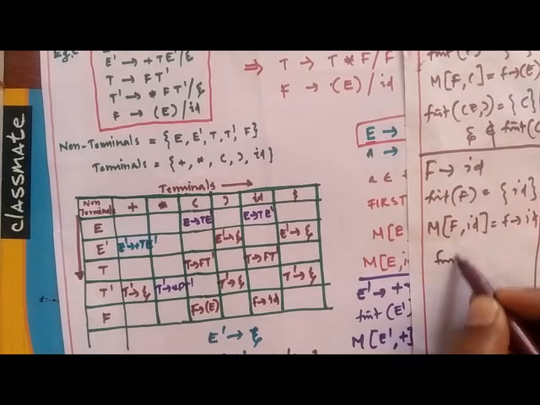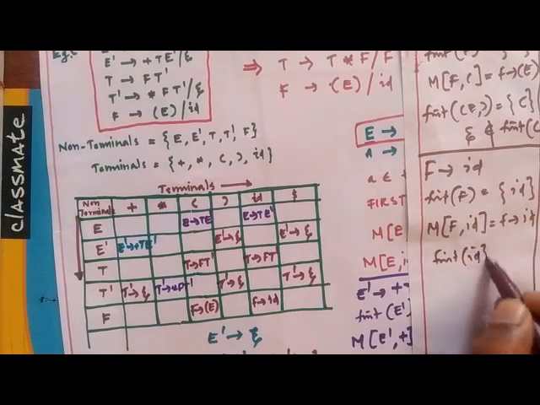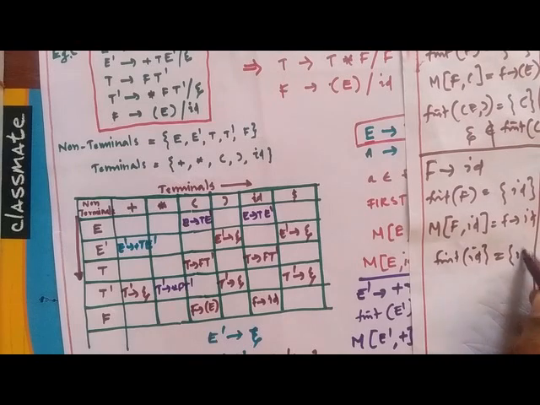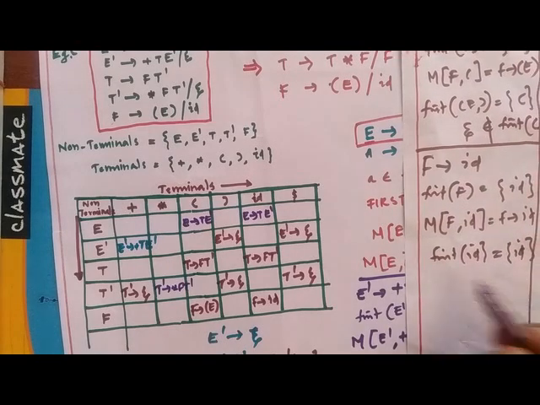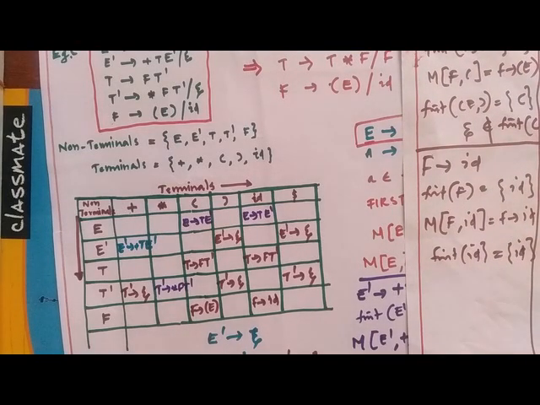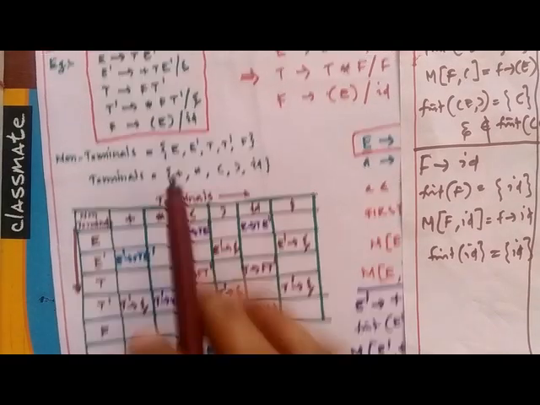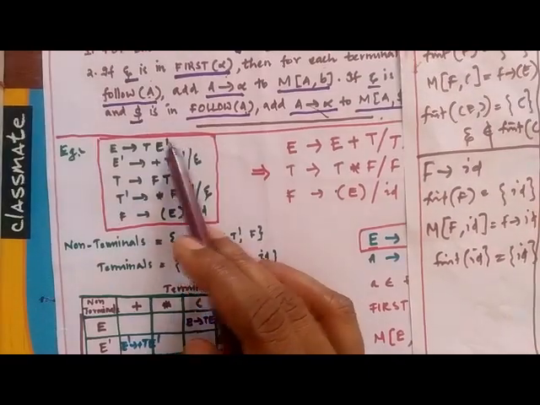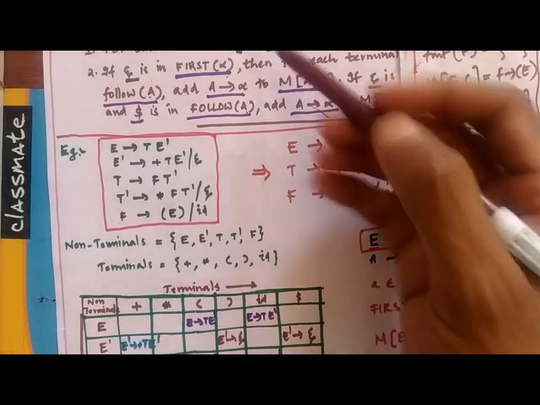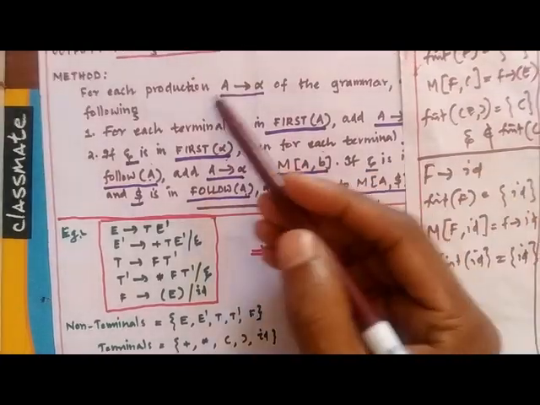There is no epsilon in first of id, only id, so we can't apply rule 2.